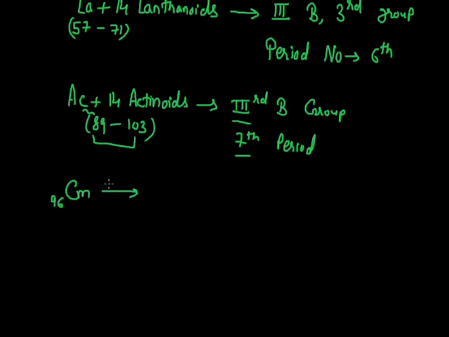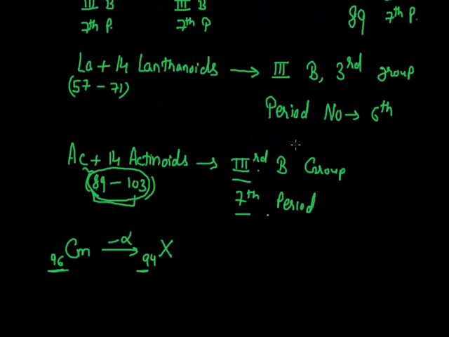When it emits one alpha particle, according to the normal rule the position of the newly formed nucleus should change, but here it will not change, since the newly formed nucleus X will have atomic number 94, and whether the atomic number is 96 or 94, they are part of this range, and all the nuclei which come in this range will be placed at the same position, the third B group and the seventh period. So that is how we can solve these kinds of questions, and this is about the group displacement law.